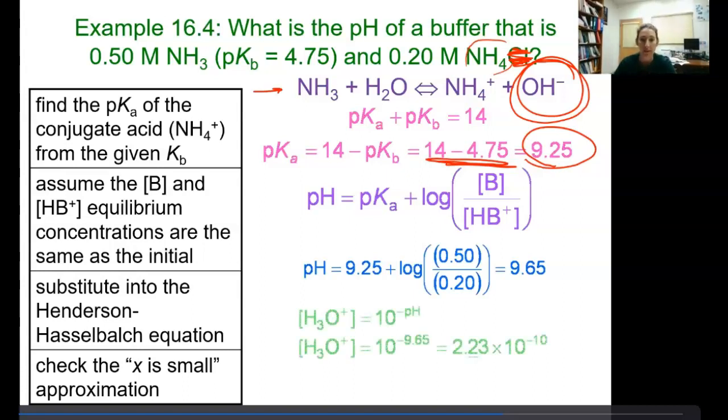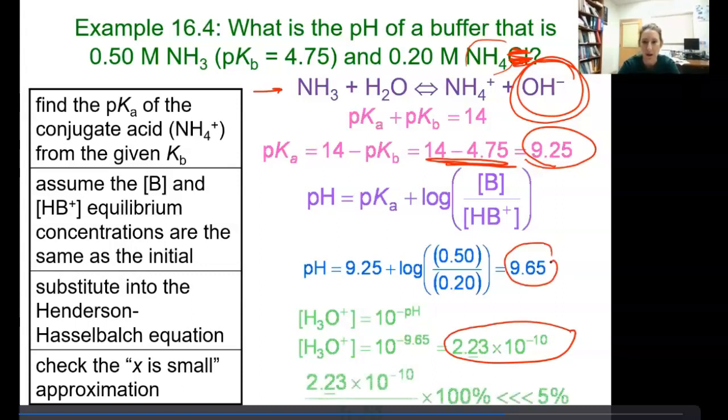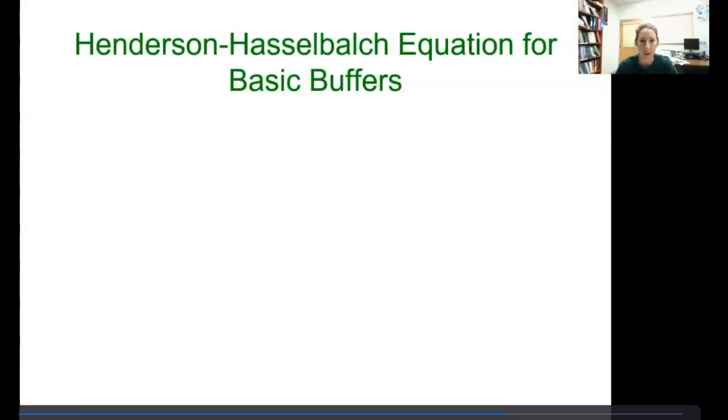Then we have to check that X is small. Here it's H3O plus we're looking at, because this is pH. So we put this over our initial acid concentration, and that is less than 5%, so we know we're good.